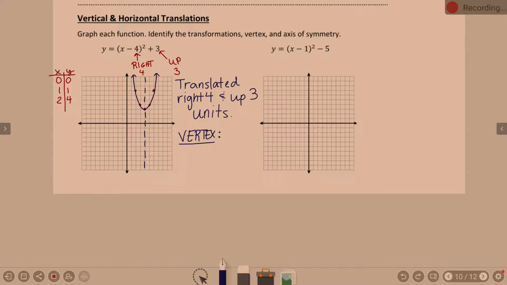If we went right 4 and up 3, what is my new vertex? 4, 3.